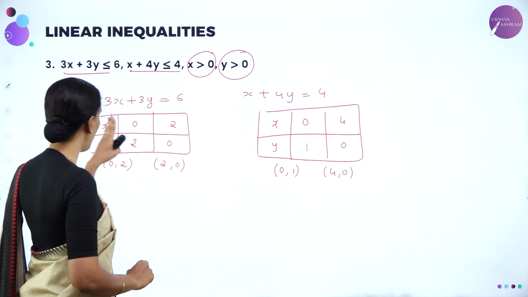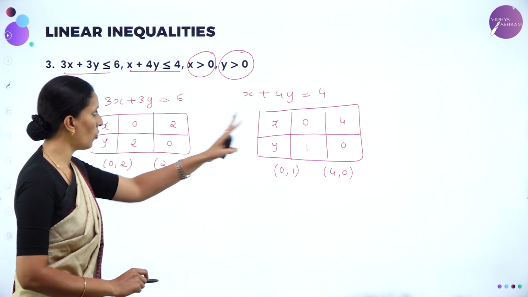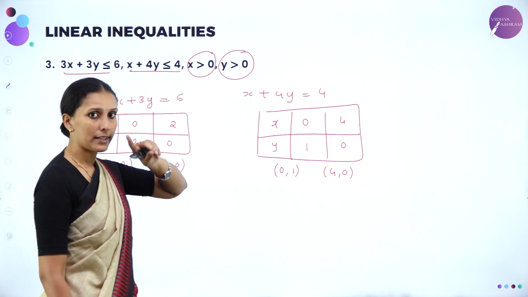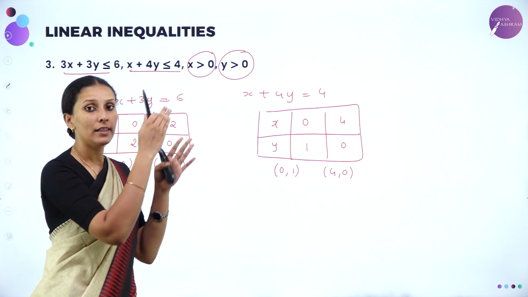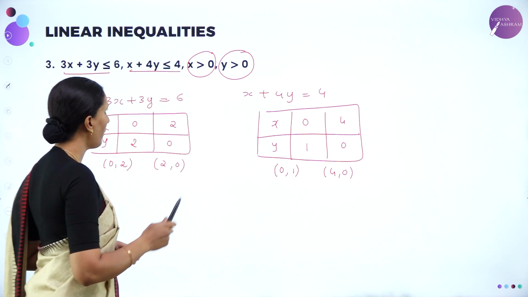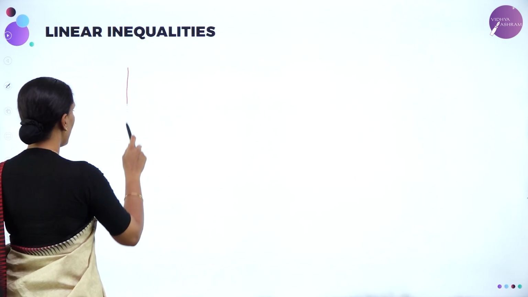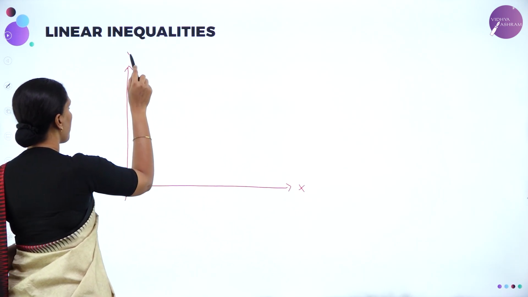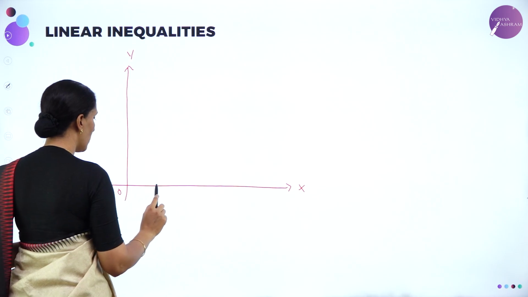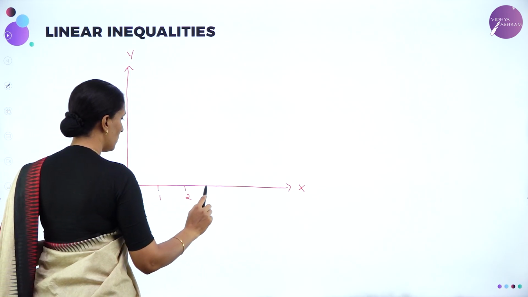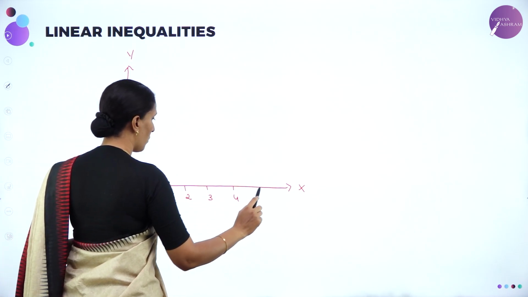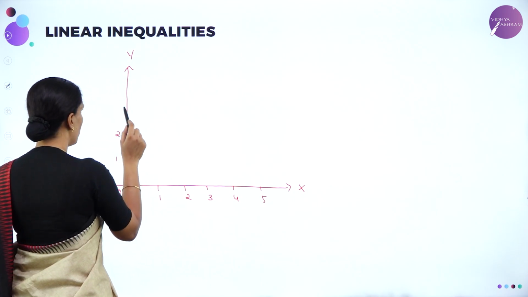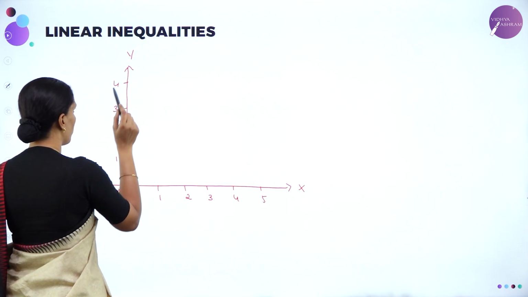First let us plot this equation and then we'll go with the other equation. Now since x is greater than 0, y is greater than 0, it always indicates the first quadrant. So we will draw a coordinate plane like this, which includes only the first quadrant. Now this is the origin, 1, 2, 3, 4, 5. 1, 2, 3, 4.